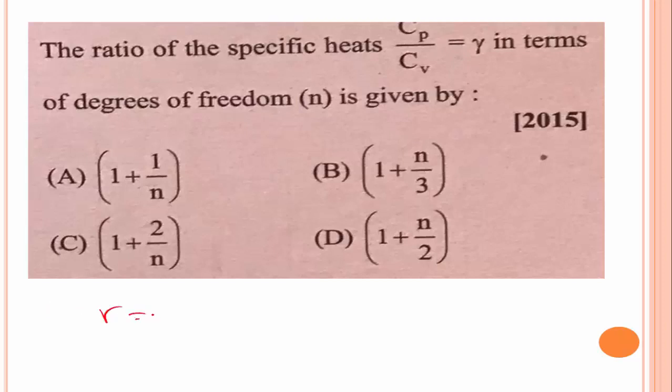That is, gamma is equal to 1 plus 2 divided by F. Here in this problem we get 1 plus 2 divided by n, the number of independent ways a system can acquire energy. Option C is the right answer.